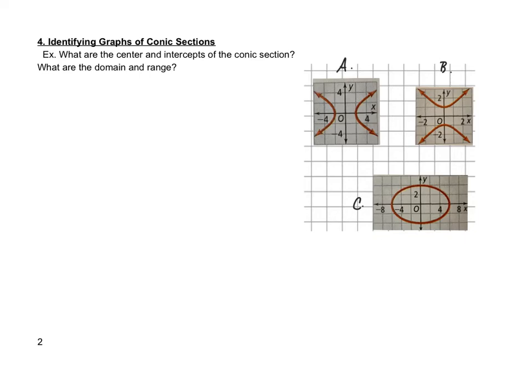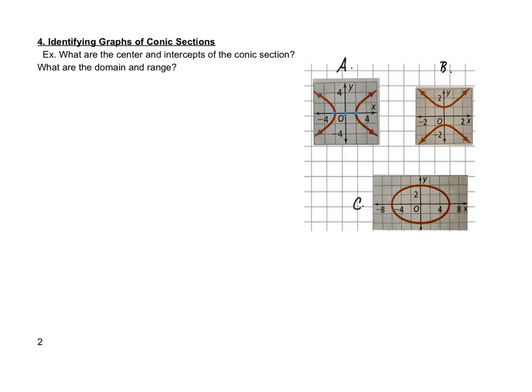What characteristics do we know? When you look at A, it asks what the center and the intercepts are. My center is right there for A, and I have two x-intercepts, at x equals -2 and x equals 2.